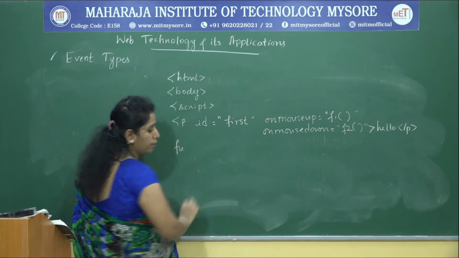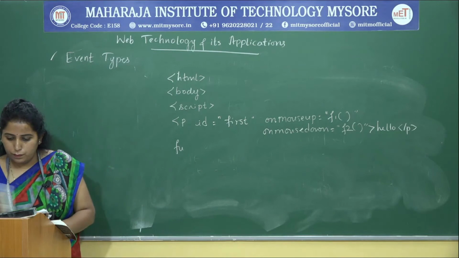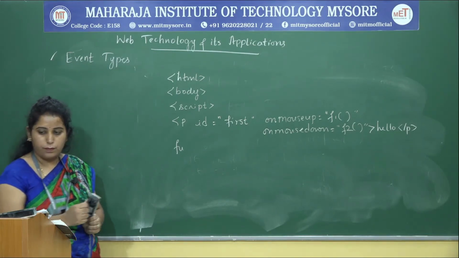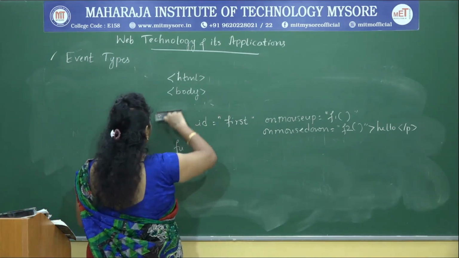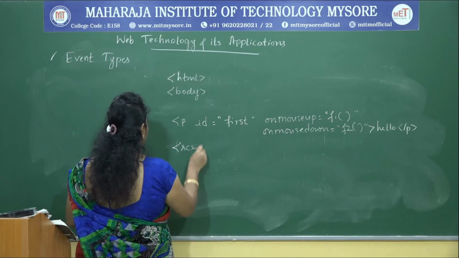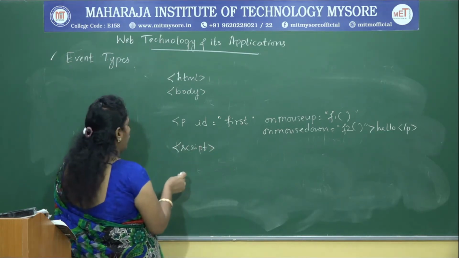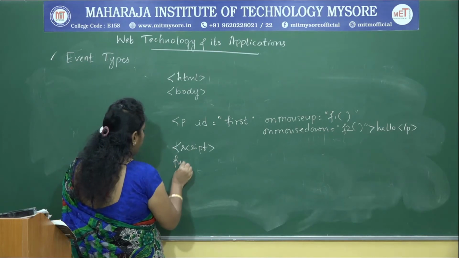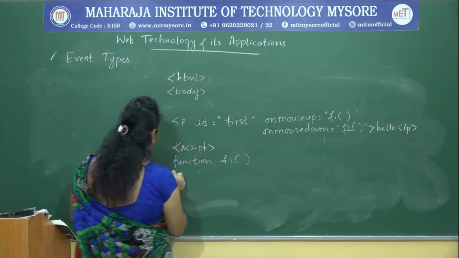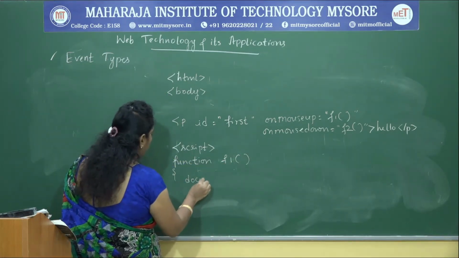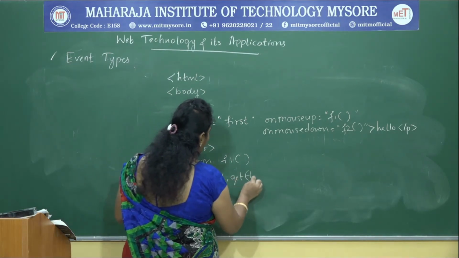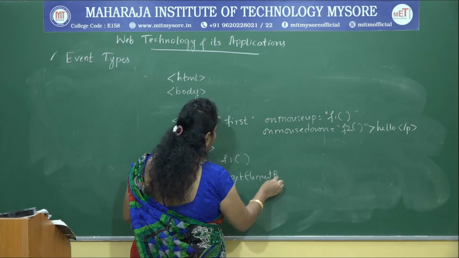So how do you define? The script should begin from here. Okay, this is script. Then how to define a function? What is the function name? Function 1. What should it do? Document dot getElementById.